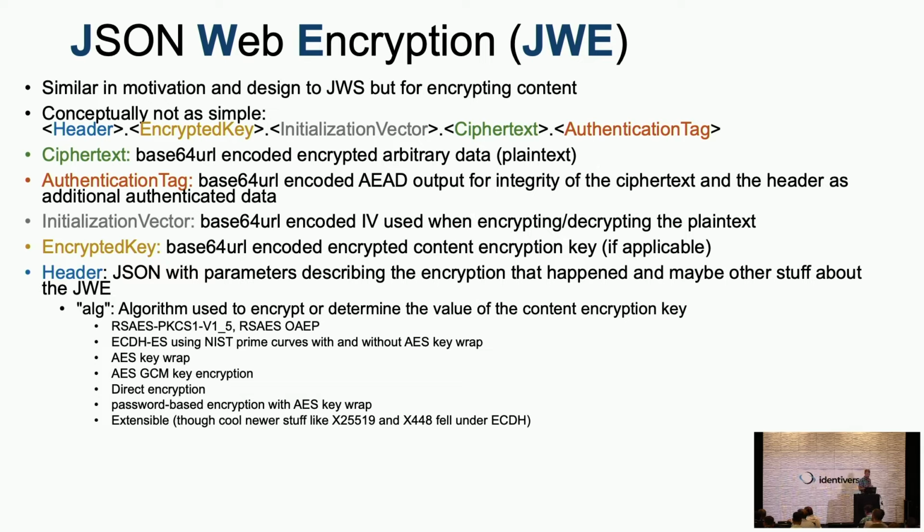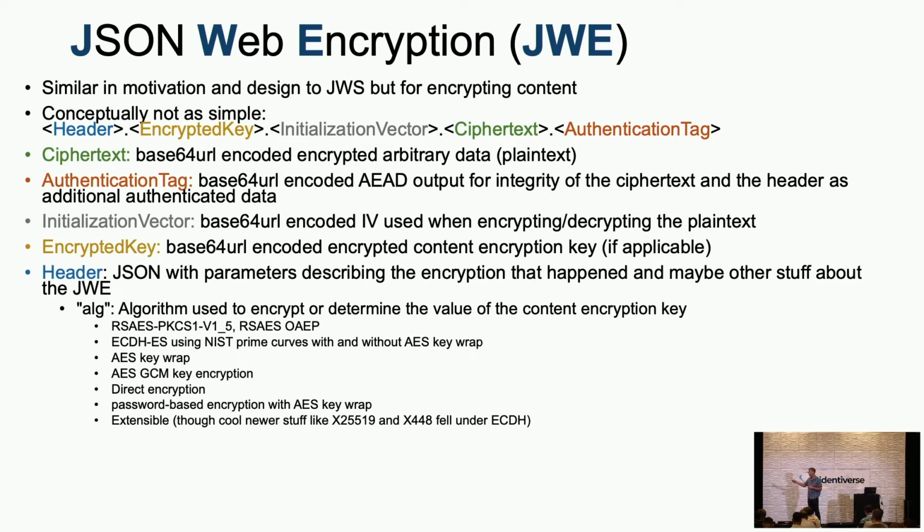It's extensible in the same way by using the alg here, although it turns out that the way newer algorithms have been added has come out a little bit differently. They've actually fallen underneath the construct of elliptic curve Diffie-Hellman rather than defining new algorithms.